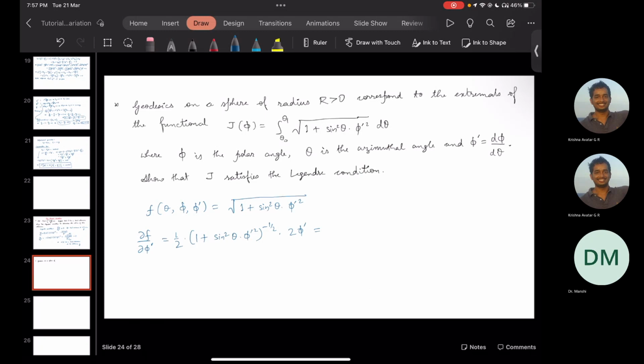So this gives us sin²θ φ' divided by the square root of 1 + sin²θ φ'².